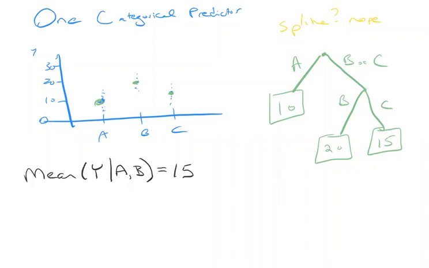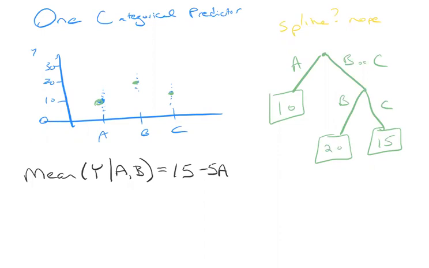So I want to be able to write down this equation so that when A is equal to 1, the mean of Y is equal to 10 instead of 15. So I'm going to write minus 5A, because now when A is equal to 0, I'll still get 15, which was the average in the C group. But when A is equal to 1, right, now it's going to be 15 minus 5, which is 10, which is what I want for the A group.